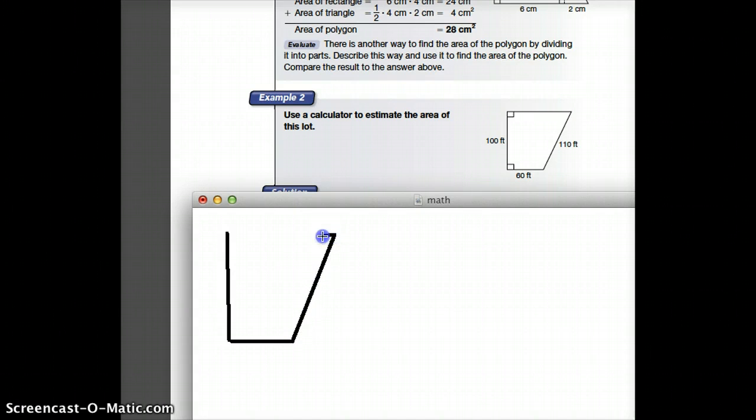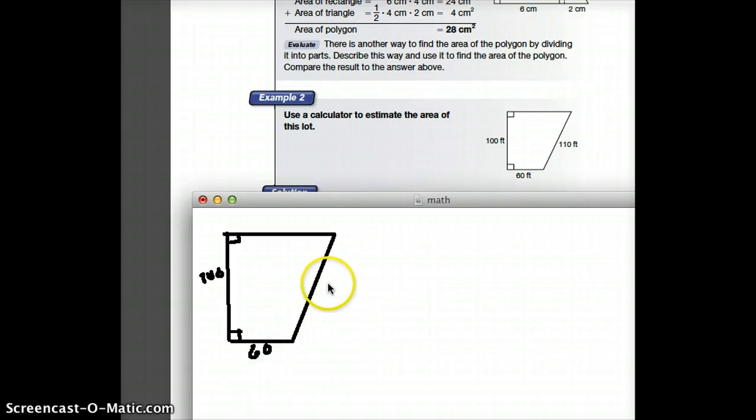Here's another. And finally, there's the last. And these are our little right angles here. Okay, all right. So this is 100 feet.